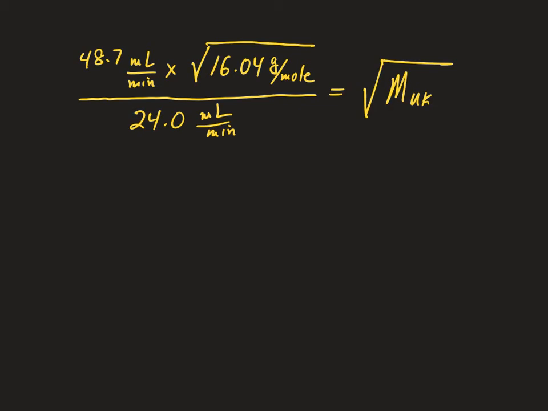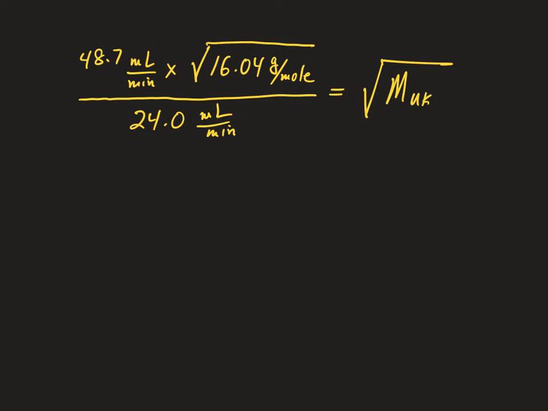So if we bring that same expression to a new page where we've got some room to work, we can take the square root of this. We have to take that square root first in terms of order of operations.